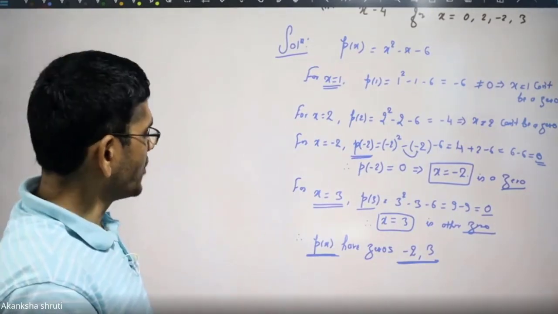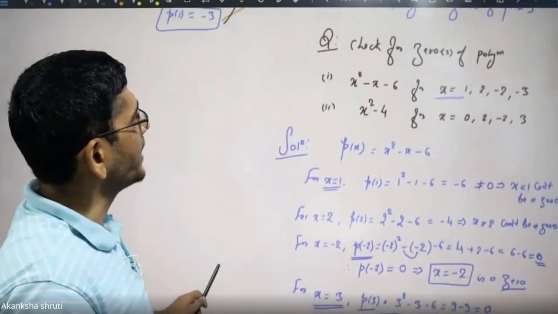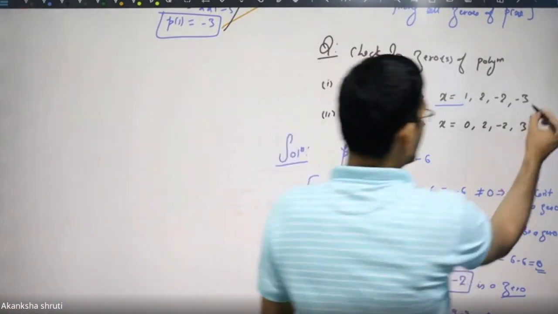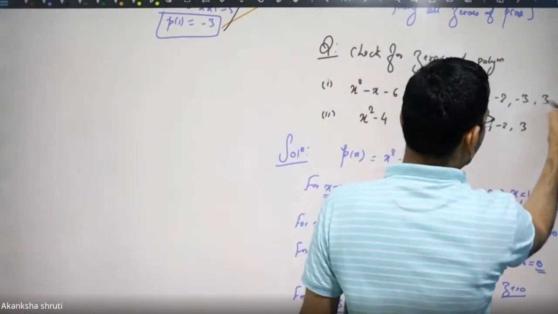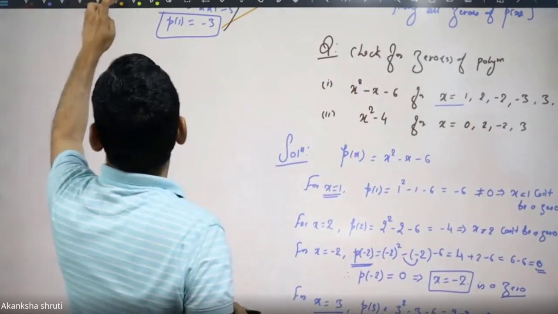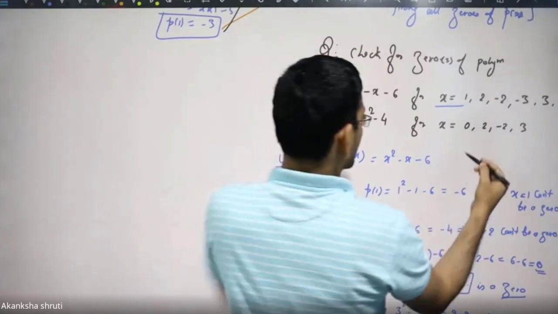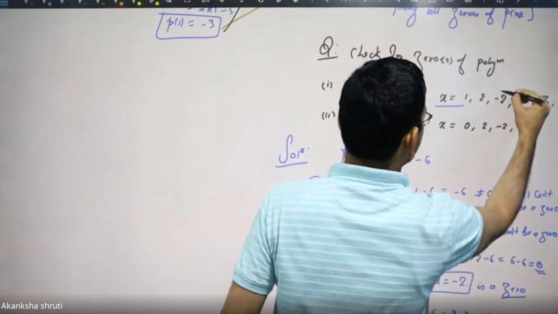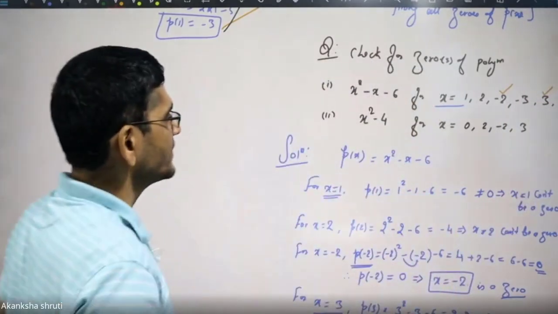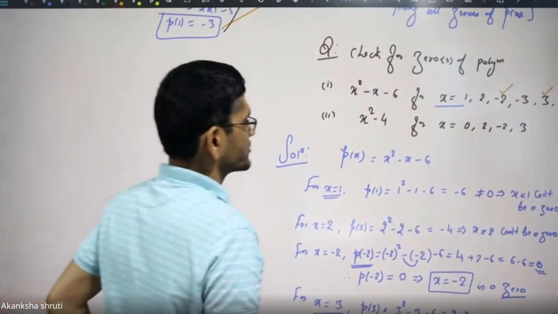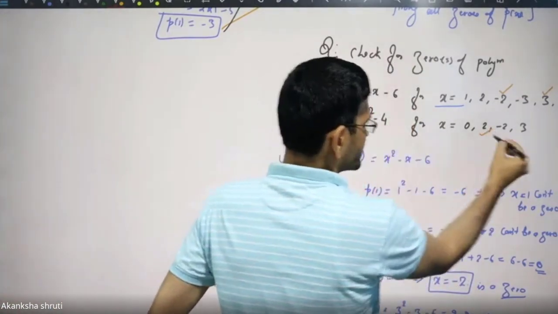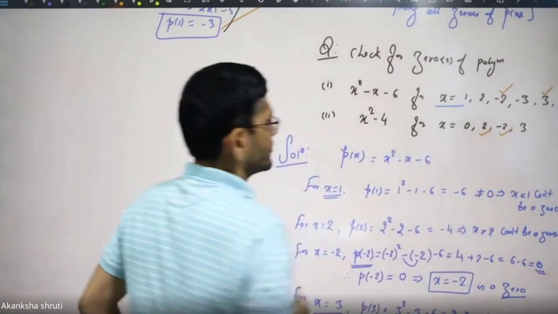So this way we have observed that for a given polynomial and given values of x, we can check which of them are zeros and which are not. Here we have observed x equals minus 2 and x equals 3 are the zeros, others are not zeros.